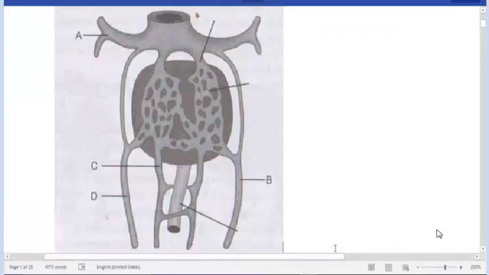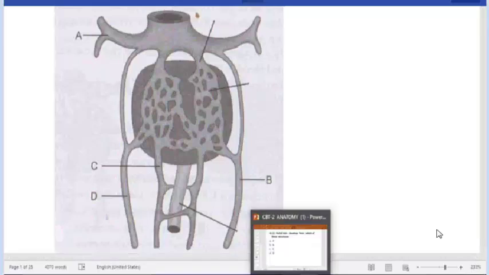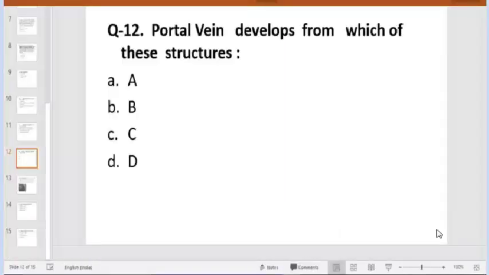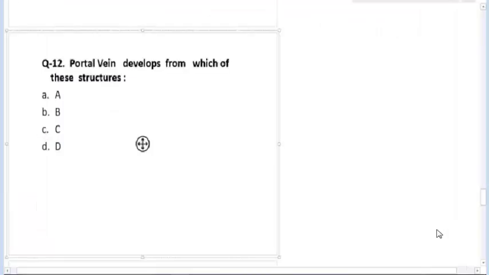Now we have to see in this diagram, A is showing the common cardinal vein, B is showing the left umbilical vein, D is the right umbilical vein, and C is the right vitelline vein. We know that the portal vein develops from the vitelline vein, so the answer in this question will be C. So the correct answer is C.